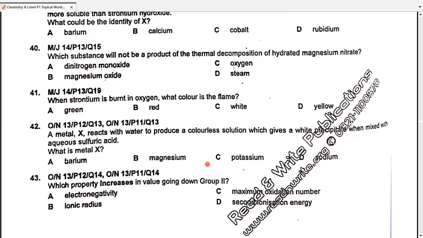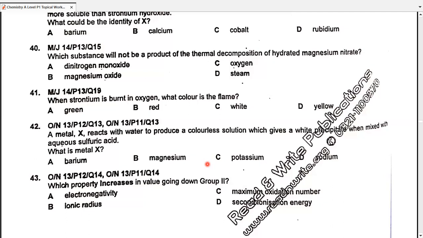Reacts with water to produce a colorless solution. White precipitate when mixed with sulfuric acid.